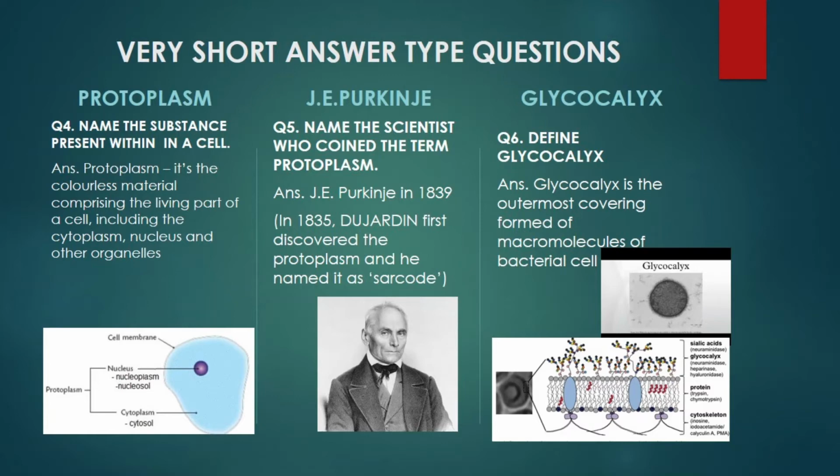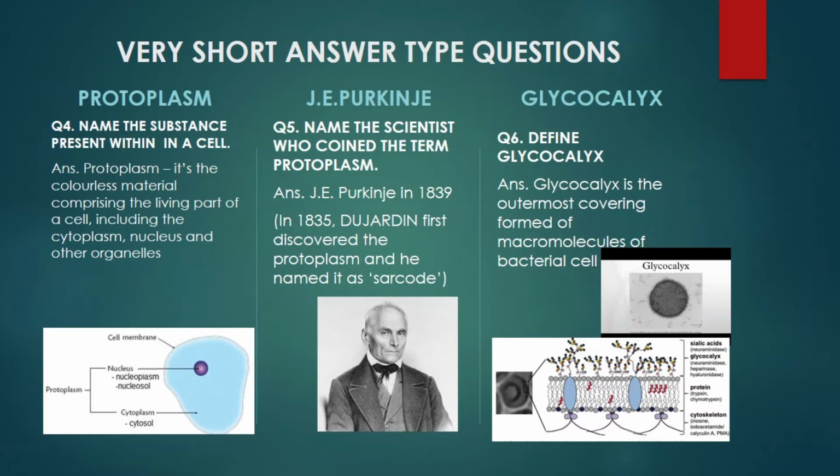You can see in the pictures, that is the fluid mosaic model we already discussed. It is the fluid mosaic model with the peptidoglycan layer present in the bacterial cell. It will have proteins, globular proteins, peripheral proteins, embedded proteins, and glycoproteins.